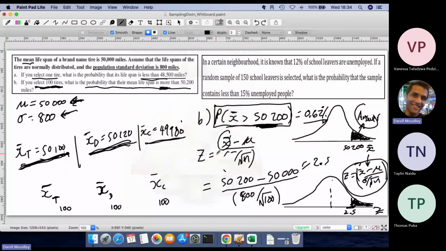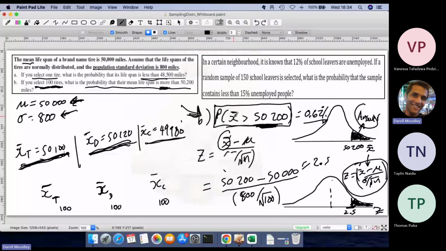So what we do is we use statistics. We use what we did here on the right. We just want to know what's the chance of the sample average being greater than 50,000, because that probability is important. So think about it this way, right? We want to know the lifespan of a tire.